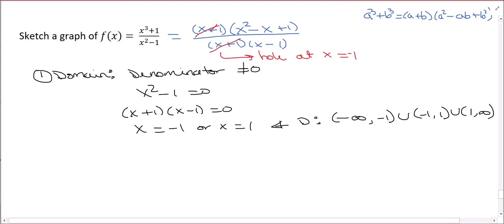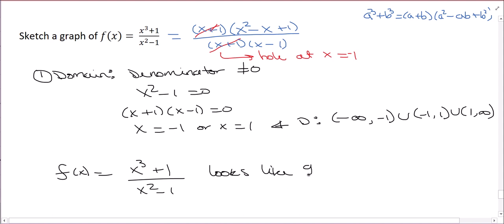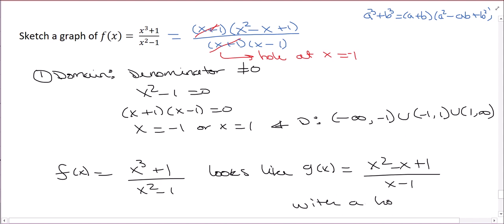What this just means is that our function, f of x equals x cubed plus 1 over x squared minus 1, really looks like the function, let's call it g of x, equals x squared minus x plus 1 over x minus 1, but with a hole at x equals -1.